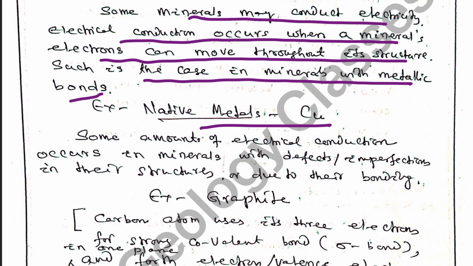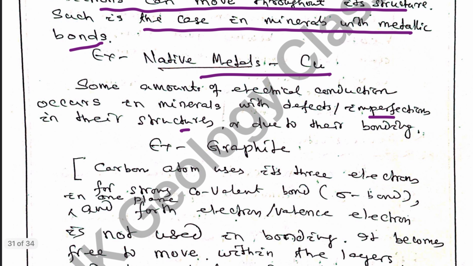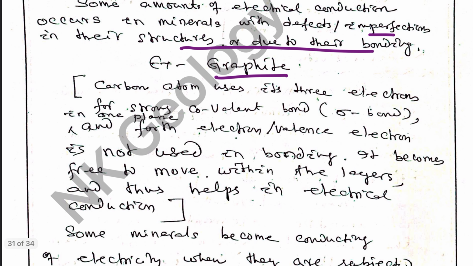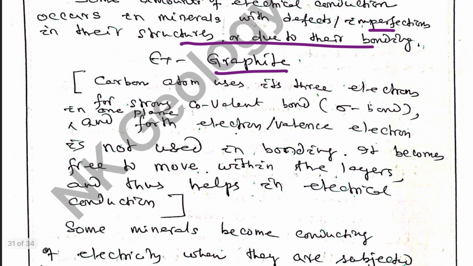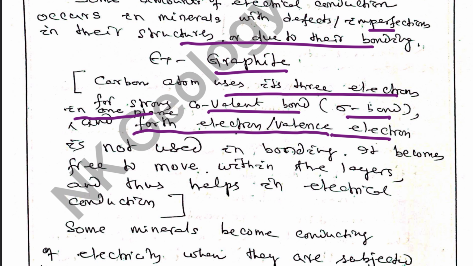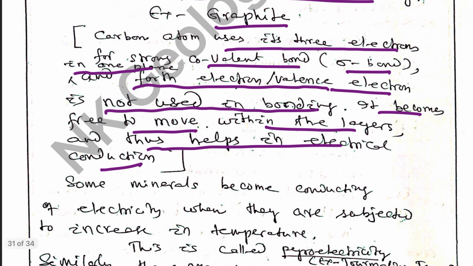Some amount of electrical conduction occurs in minerals with defects or imperfections in the structure and in bonding, as we see in the case of graphite. Graphite is conducting. Graphite is a mineral rich in carbon. Because of its hexagonal packing, it becomes conducting. Carbon atoms use 3 electrons for strong covalent sigma bonds in one plane, and the 4th valence electron is not used in bonding. It becomes free to move within the layers and thus helps in electrical conduction.